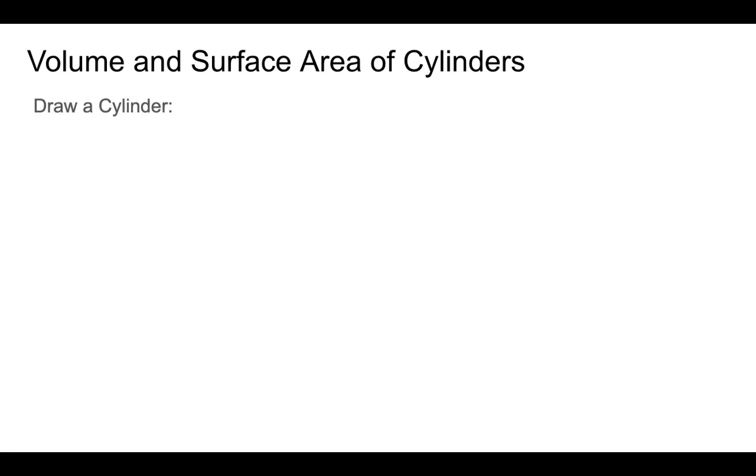So you can imagine a cylinder is an object that has two circles on the top and bottom and then a rectangular side. And I'll show how that works once we get to the surface area. So remember, just a couple of reminders of terms having to do with circles.